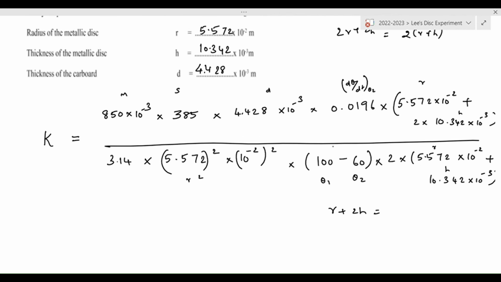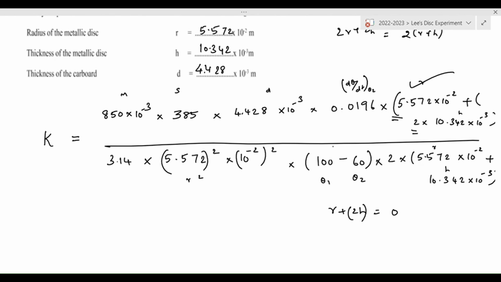In your calculator, use 5.572 × 10^-2 and then plus, open a bracket, 2 into 10.342 × 10^-3, close it with a bracket. That is R plus 2H.